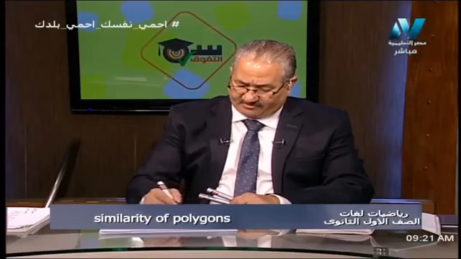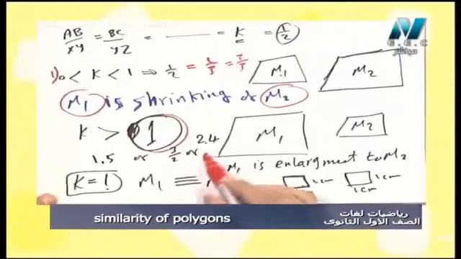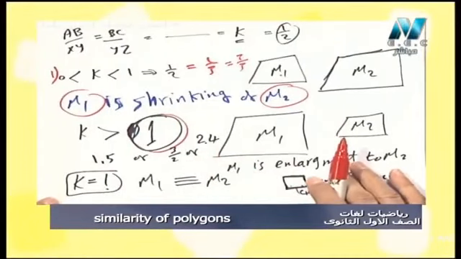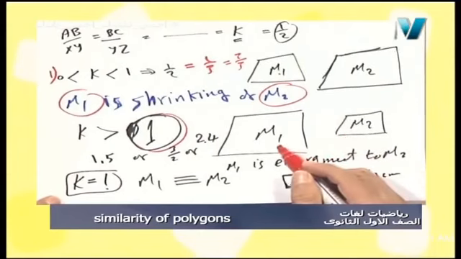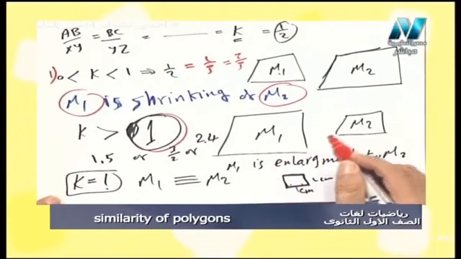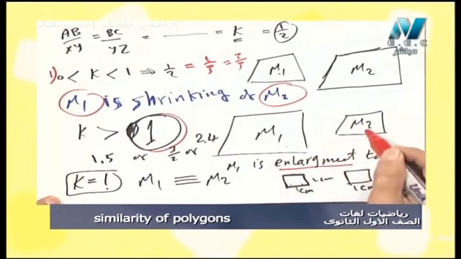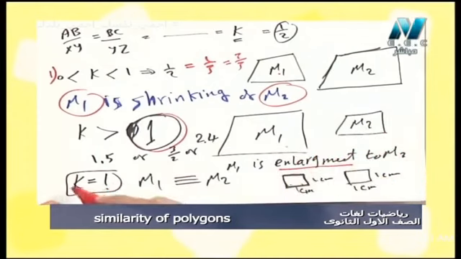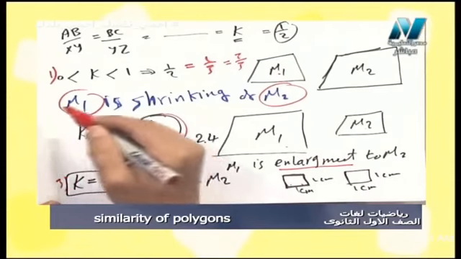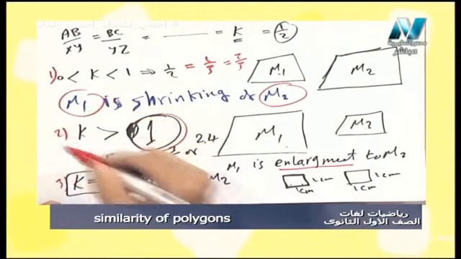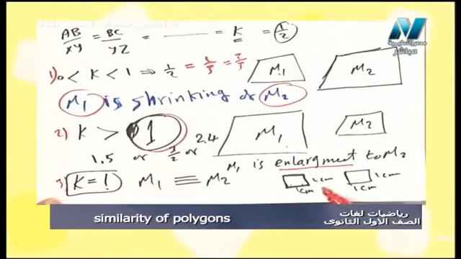If K is greater than 1, as 1.5, 3 over 2, 2.4, or whatever, M1 will be maximizing or enlargement of M2. If K equals 1, the two figures here, or the two polygons, are congruent.